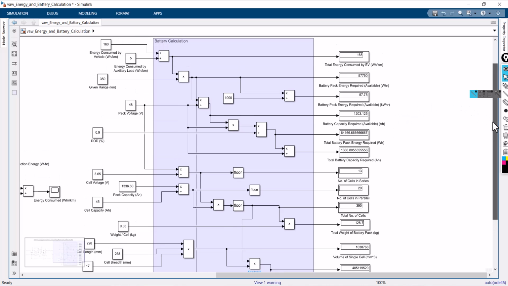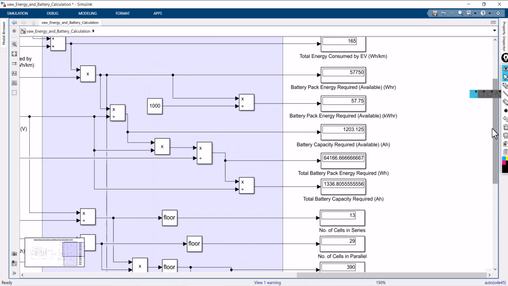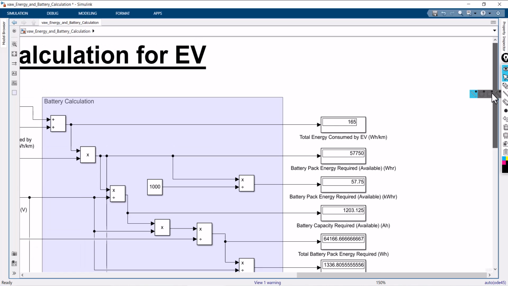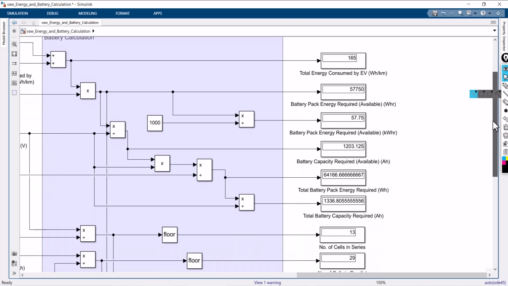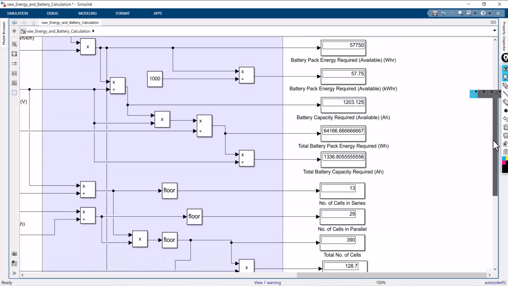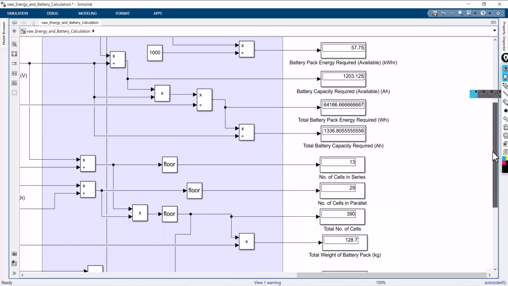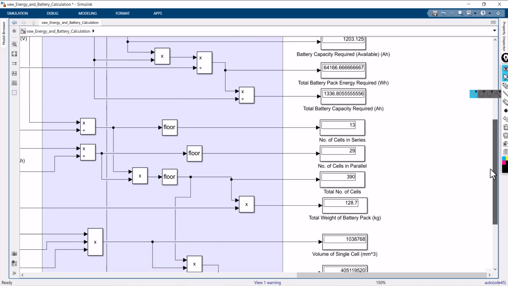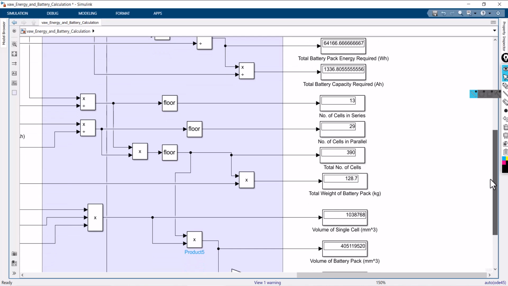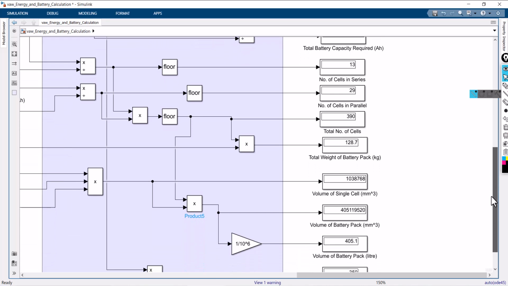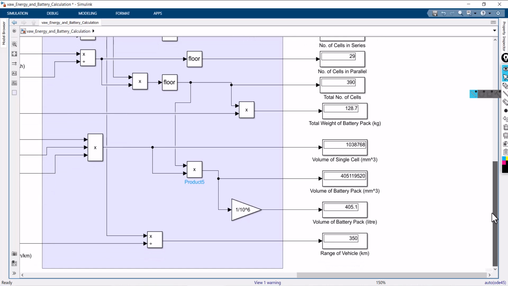You can check out the values. This is the total energy consumed, energy available, total energy, number of cells in series, number of cells in parallel. Make sure that you only take floor values. Okay, total number of cells, weight of battery pack, volume of single cell, volume of battery pack, volume of battery pack in liter, and the range of the vehicle.